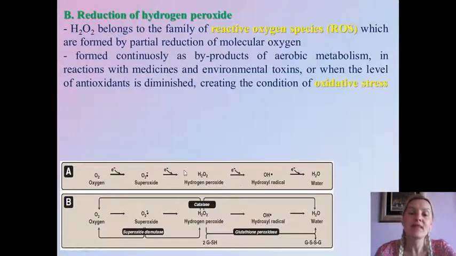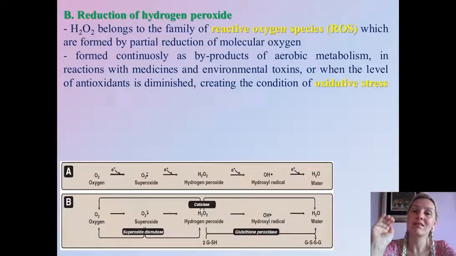So these reactive oxygen species, be aware of this, are normally and continuously synthesized during normal aerobic metabolism. So they are formed as byproducts, but this is normal and this is the physiological condition.